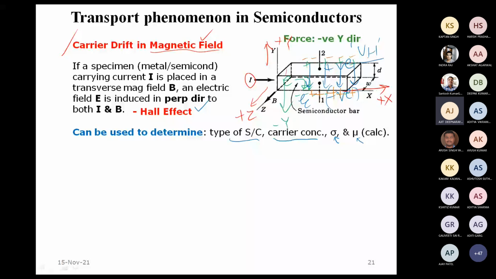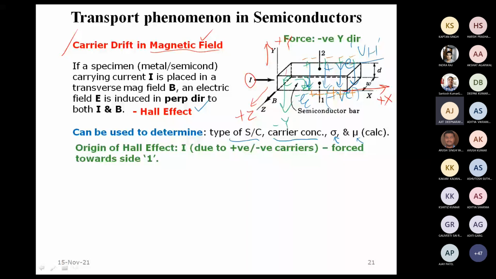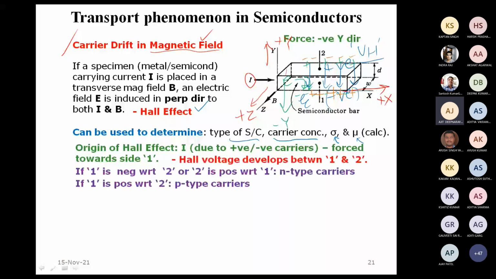In the previous case, with negatively charged electrons, phase 2 becomes positive compared to phase 1. When we are talking about the p type, meaning holes, positive charge carriers, then phase 1 becomes positively charged compared to phase 2.